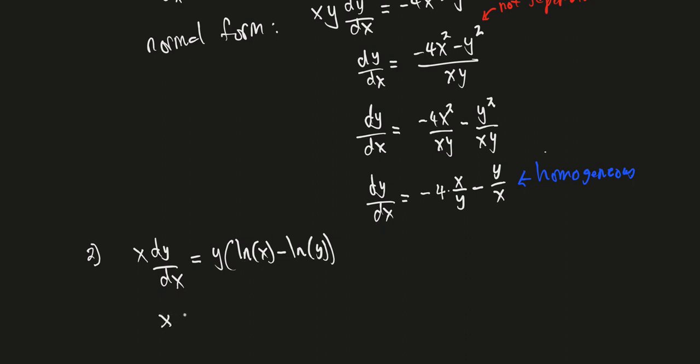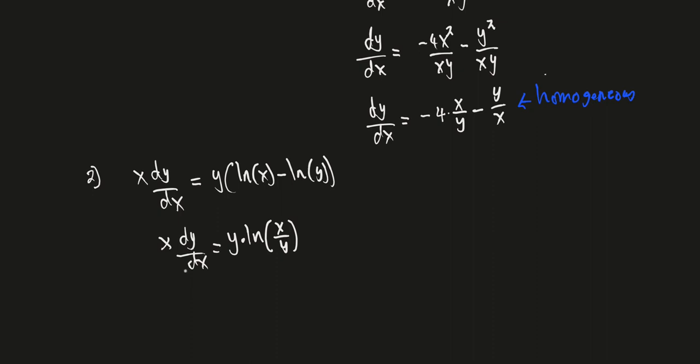So I'll do that first. Then I have y times the natural log, and there I go, I have the x over y. And you see, I do have a y by itself on this side, but if I divide both sides by x, since this is a single product here, then I get it in the required form.